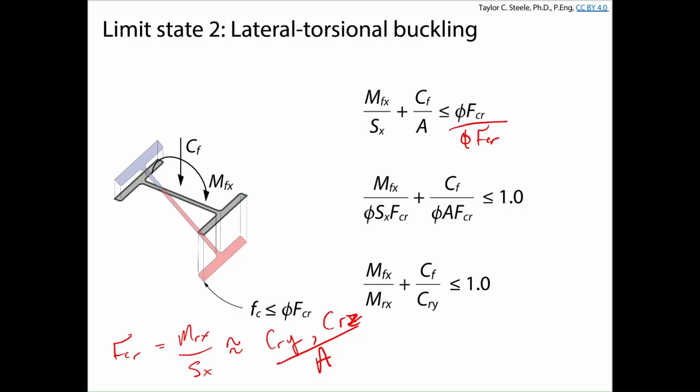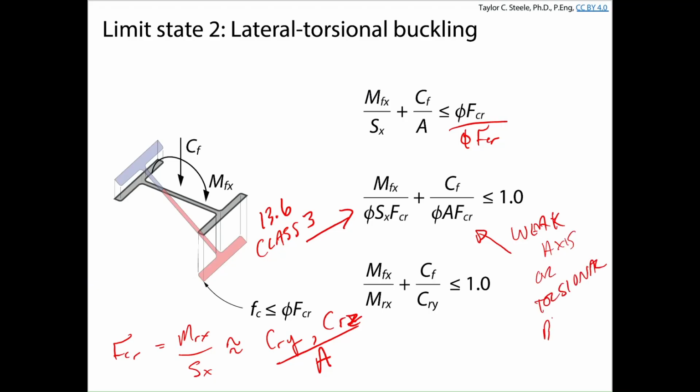And if we've defined it that way, then basically we get the moment resistance calculated in accordance with clause 13.6 for unbraced beams for class 3 sections. And over here we get the weak axis or torsional buckling mode, or buckling resistance.